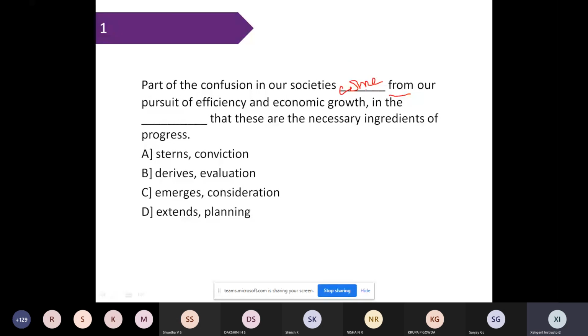Part of the confusion in our societies comes from our pursuit of efficiency and economic growth, in the thought that. My second guess is thought, because I'm making this guess after reading the statement that follows the blank: necessary ingredients of progress. What do you mean by progress?